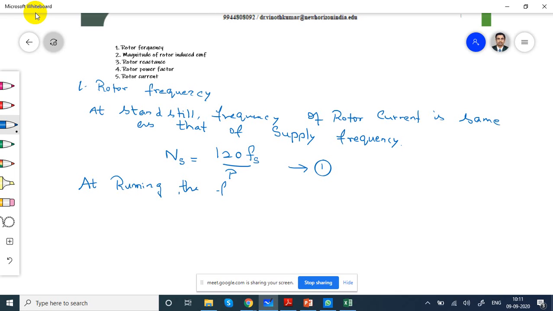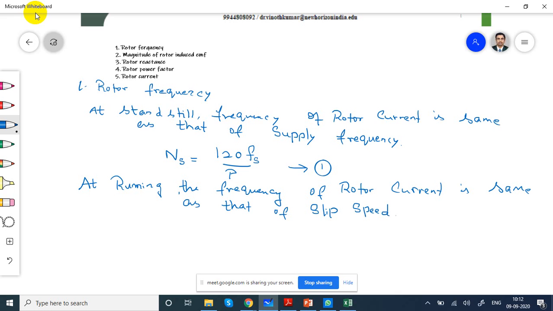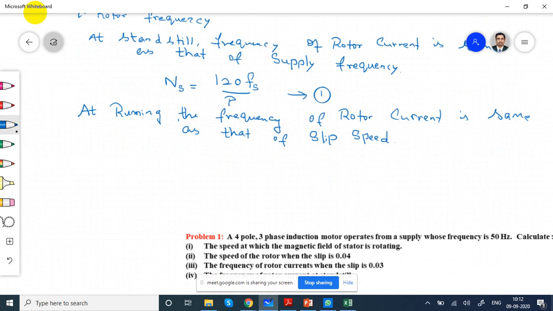The frequency of rotor current is the same as that of slip speed.